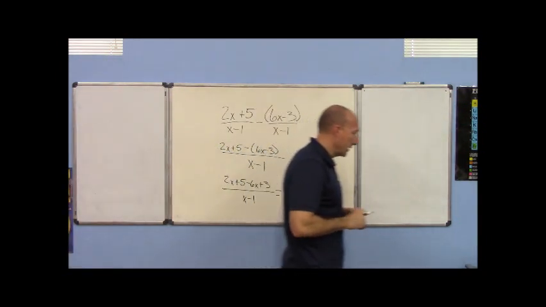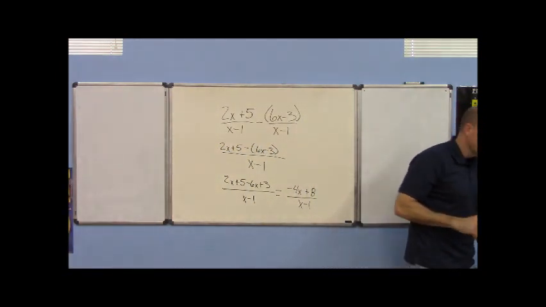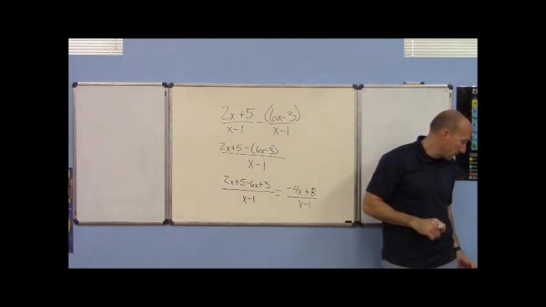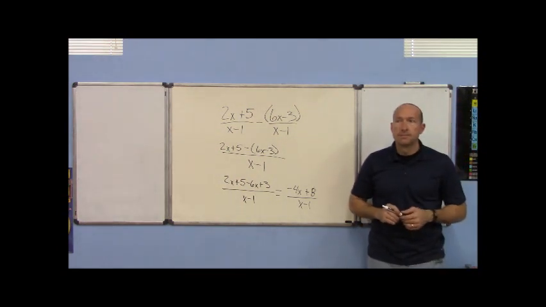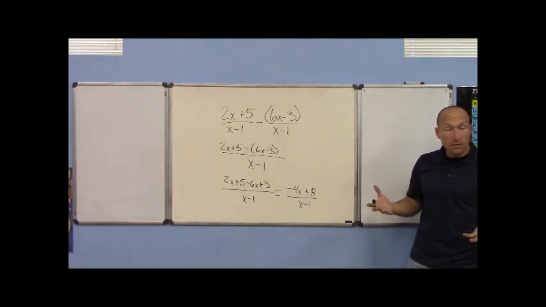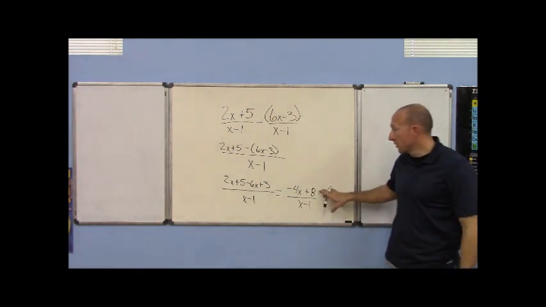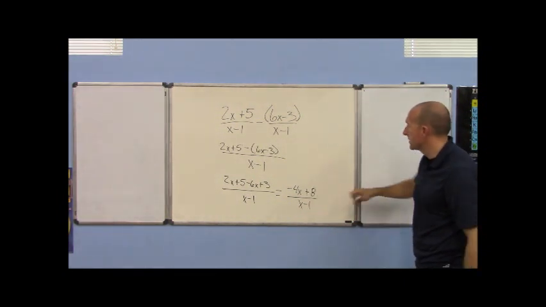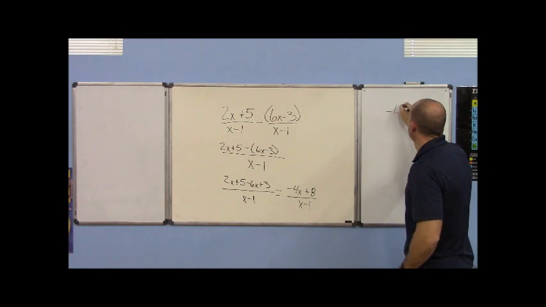Okay, is there anything else that we can do with that? Yes or no? Take the 4 out. Okay, we could. All right, let's take a look at this minus 4x plus 8. We're just going to isolate that for a second, minus 4x plus 8.